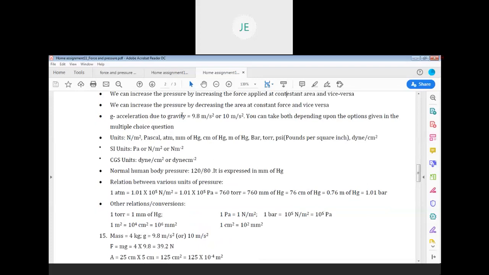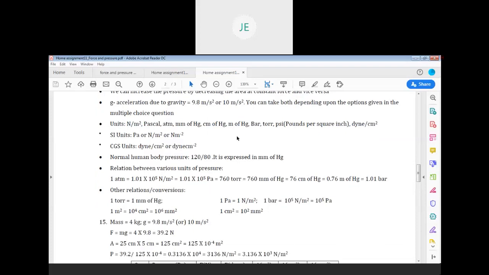We have also discussed this g value. The g value is 9.8 meter per second square or 10 meter per second square. We can take any value depending on the numerical. These are the various units of pressure we have already learned: Newton per meter square, Pascal, atm, mm of Hg, centimeter of Hg, meter of Hg, bar, torr, psi (pounds per square inch), dyne per centimeter square.